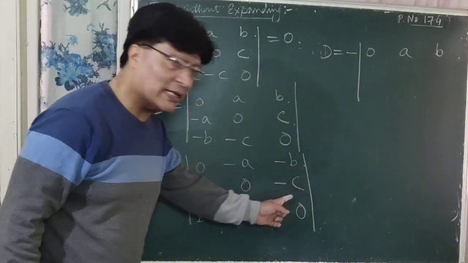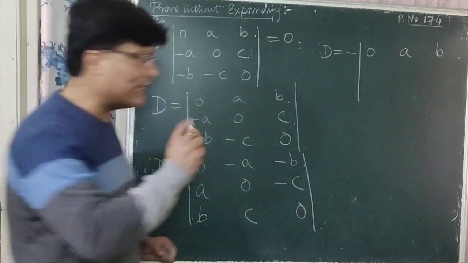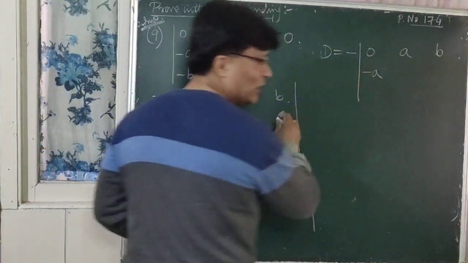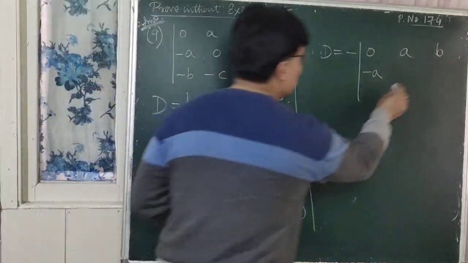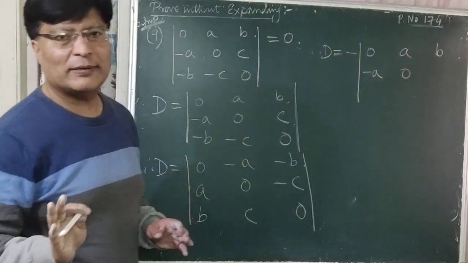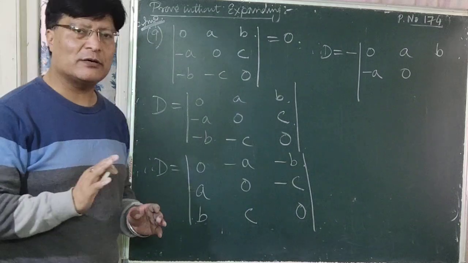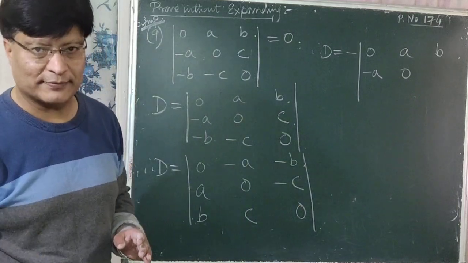From the second row, when we take minus common, this A becomes minus A, so if we multiply minus into minus, plus. Plus A then comes. Then 0, minus 0 is never written, because 0 is neither positive nor negative, right?